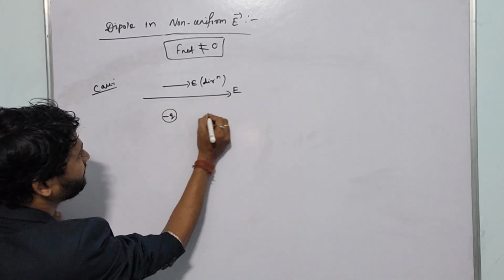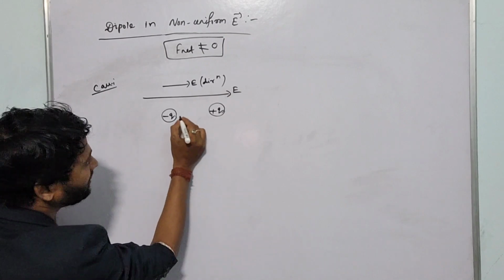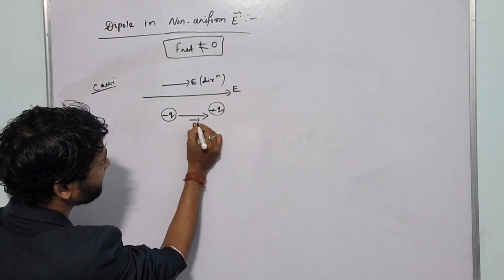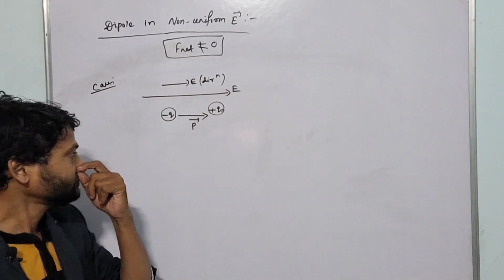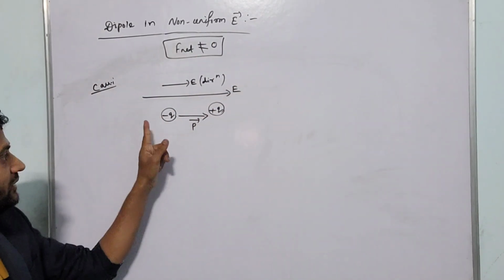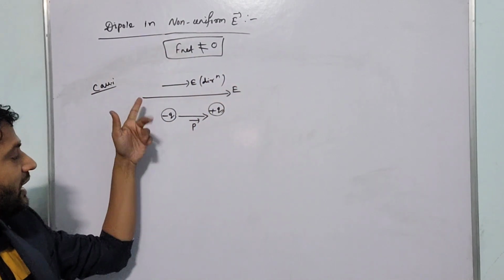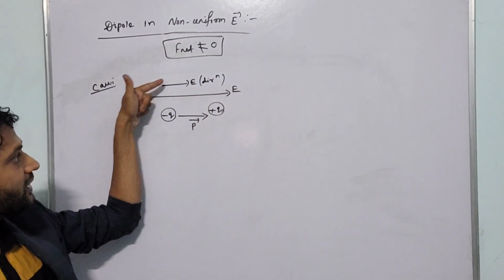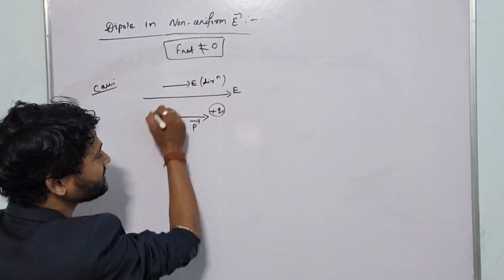Then what we are doing? If I keep a dipole inside that electric field, and you know the direction of the dipole moment is from negative to positive, we can analyze this one. I keep the dipole inside this non-uniform electric field and the direction of the dipole moment is parallel to the electric field. Then tell me what is the net force on the dipole.